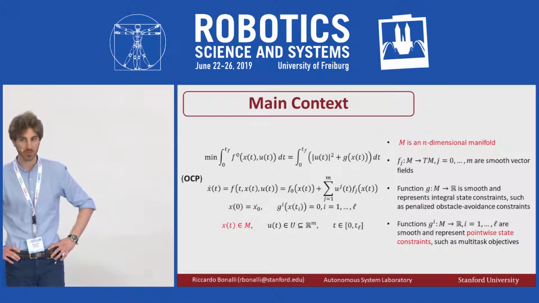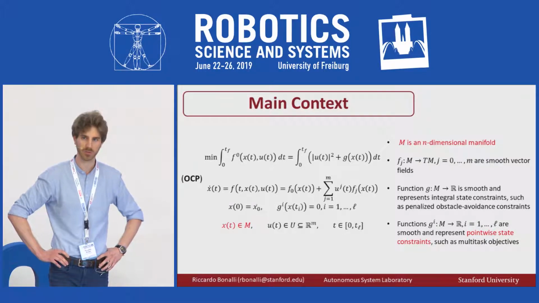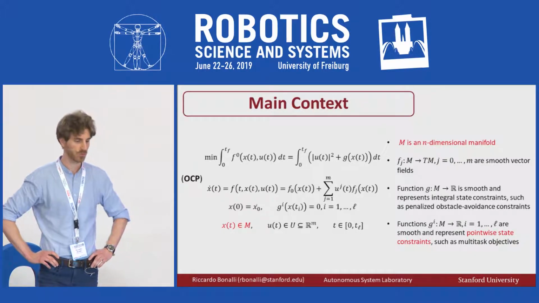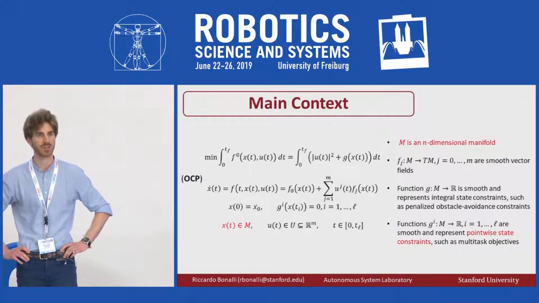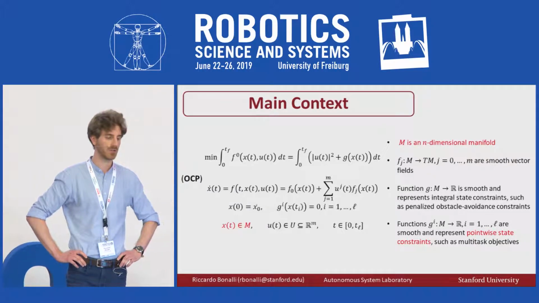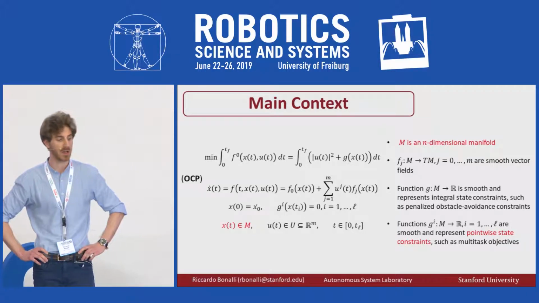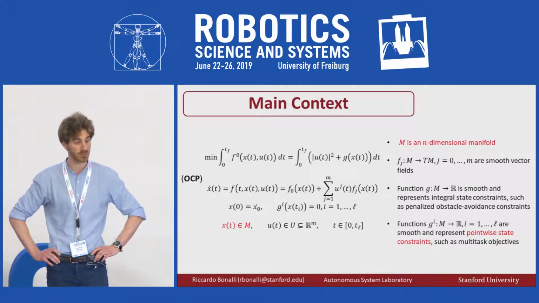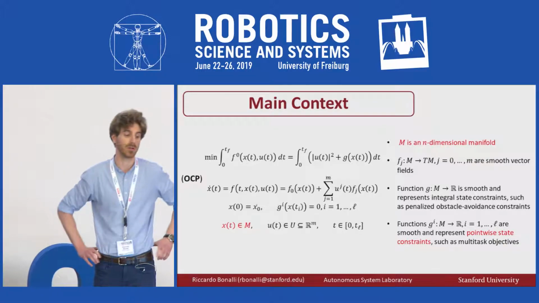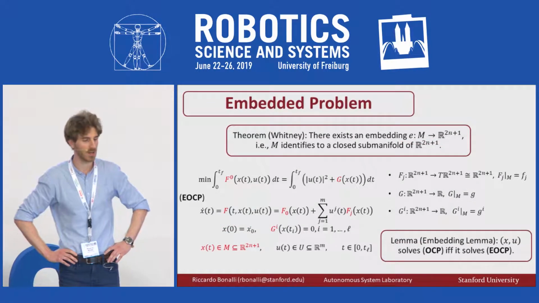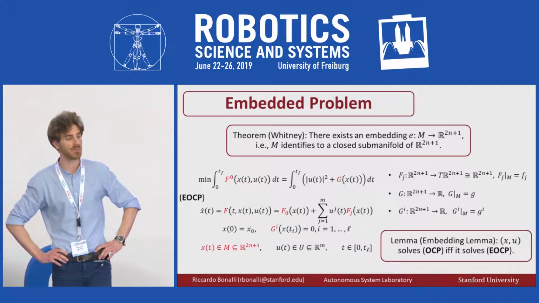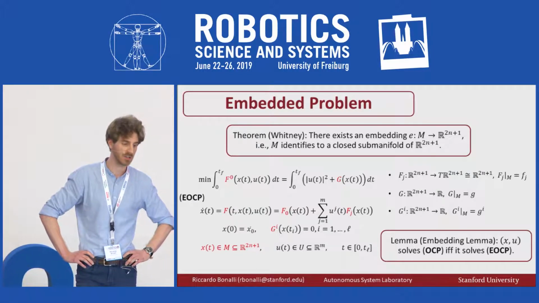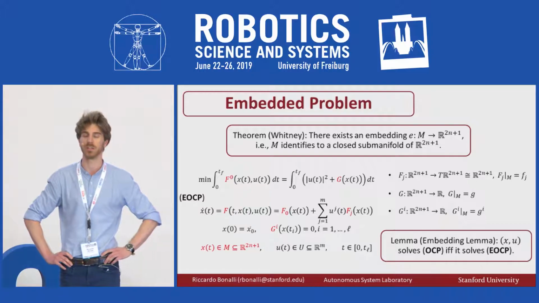So let's take a closer look at the formulation. We try to solve this optimal control problem for which we minimize the following cost. The function G represents non-manifold type constraints such as collision avoidance constraints. We are in the presence of control-affine nonlinear dynamics, and of course the presence of a manifold type constraint is given by this n-dimensional manifold M. We leverage a class of embedding theorems known as Whitney embedding theorems, thanks to which we can identify the manifold M to a closed submanifold of a Euclidean space.